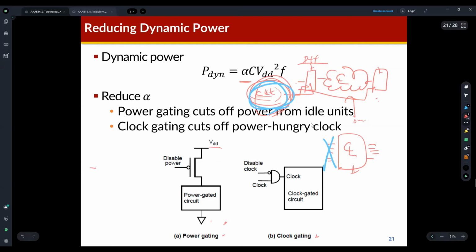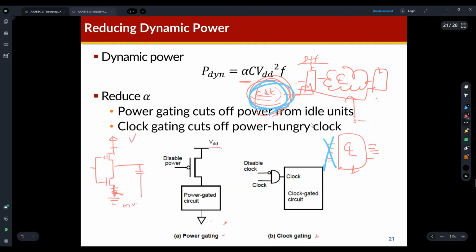Firstly, I will explain power gating. If we just see the inverter like this, the inverter is working because the other node of this PMOS transistor and the other node of this NMOS transistor are connected to VDD and ground.